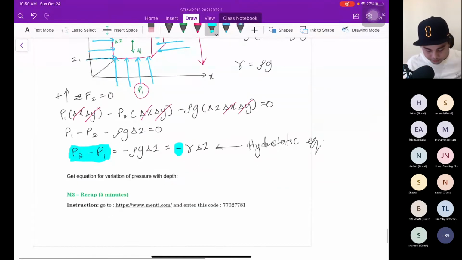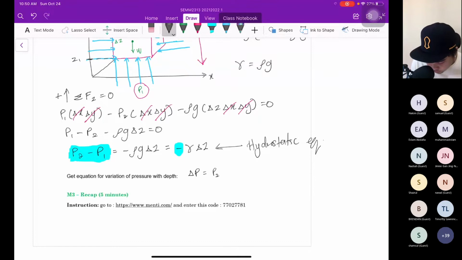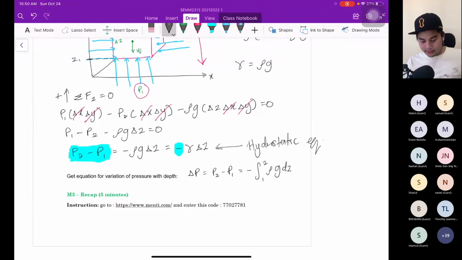This is important. From here, we can also write the change, delta P, which is the same as P2 minus P1, equal to negative integration of rho G delta Z. This is not really important.